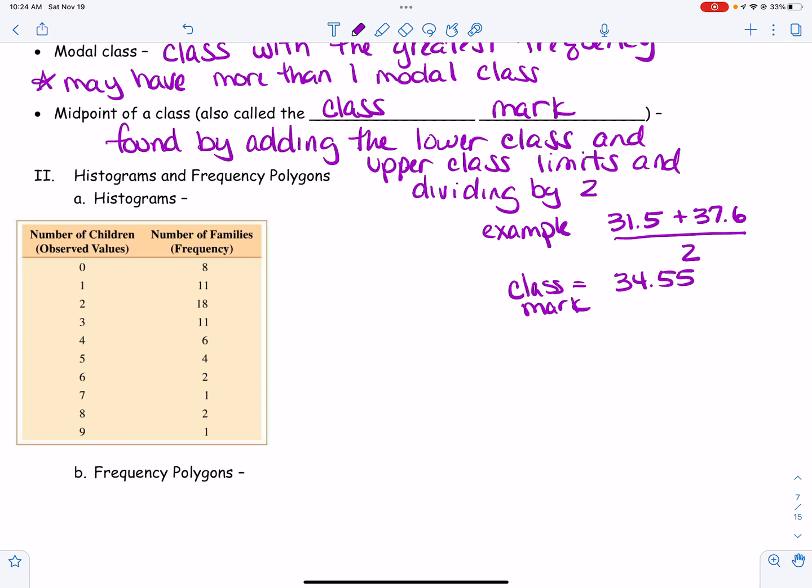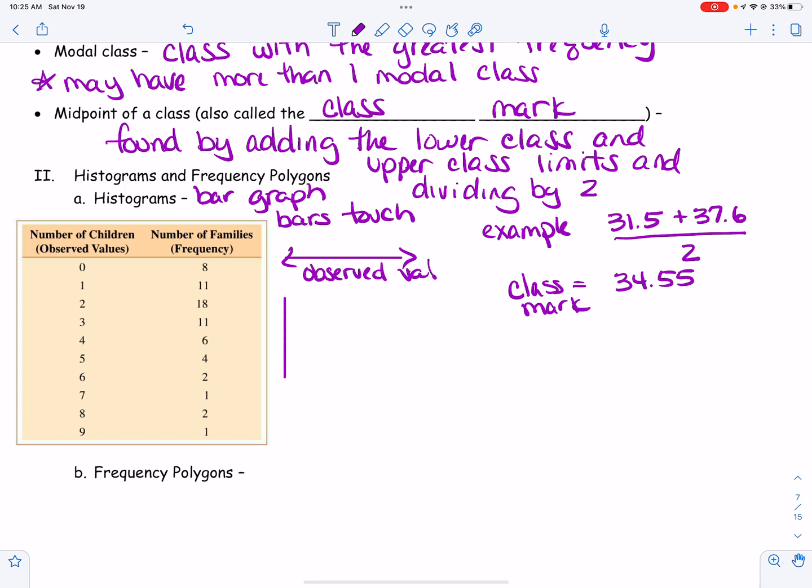So a histogram is a bar graph where the bars touch. We're always going to have on the horizontal axis, going left to right, the observed values. And on the vertical axis, going up and down, we will have the frequencies.